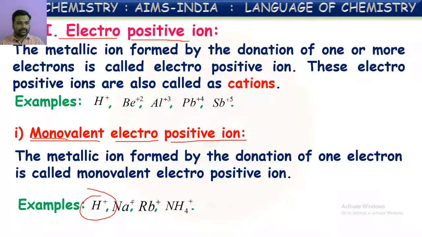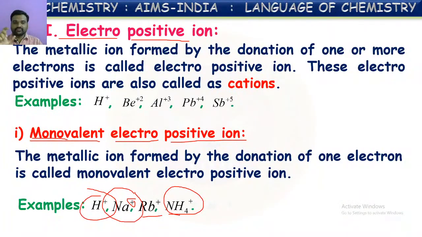If we see the next one, sodium. Sodium also forms a positive ion by the loss of an electron, that is the Na+ ion. As there is only one charge, it is called a monovalent electropositive ion, as it is a positive charge, electropositive charge. Then rubidium ion and ammonium ion, which is different from the remaining three.